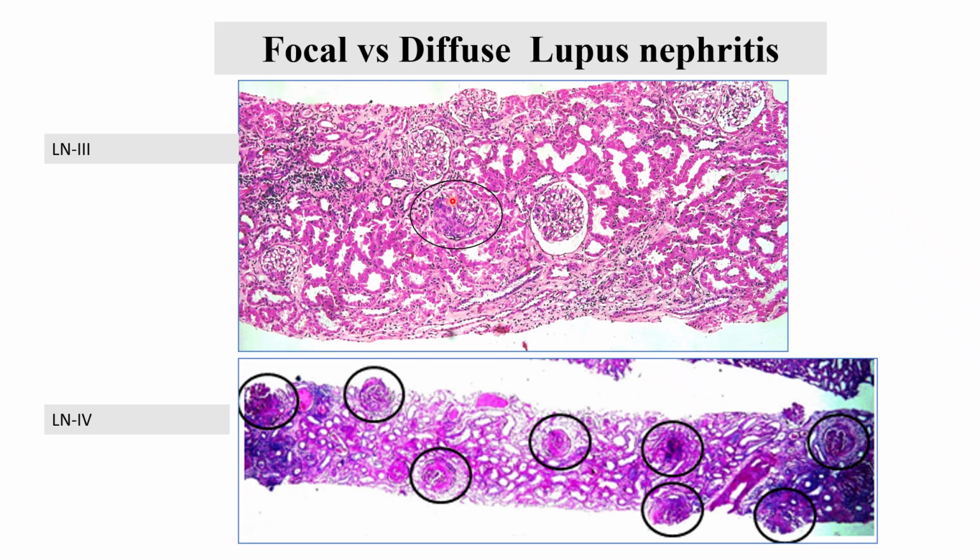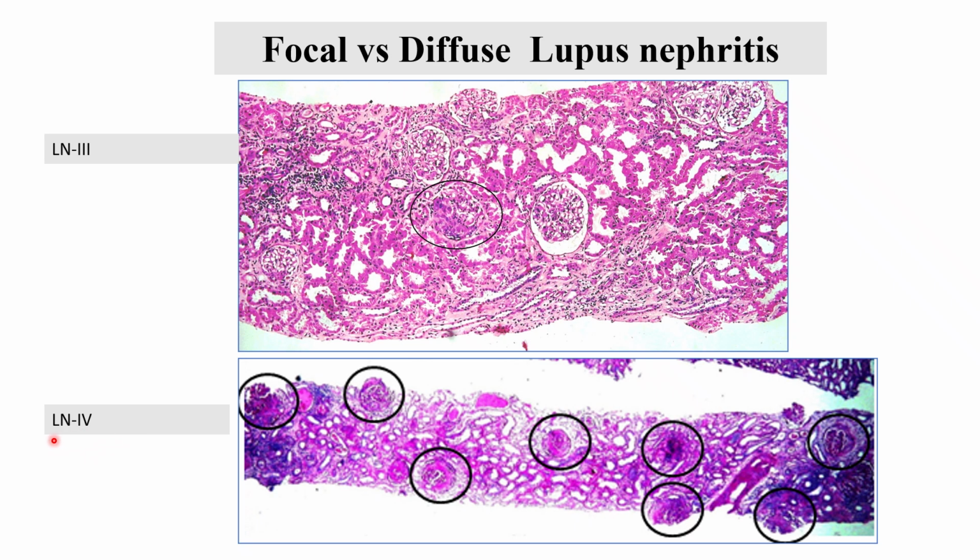We can see here there is sclerosis, mesangial hypercellularity. Only one of the glomeruli is showing out of 6. So, the number of glomeruli involved is less than 50%, and we can call it focal lupus nephritis.